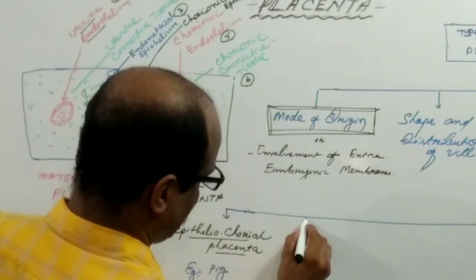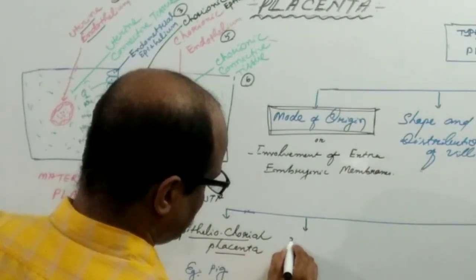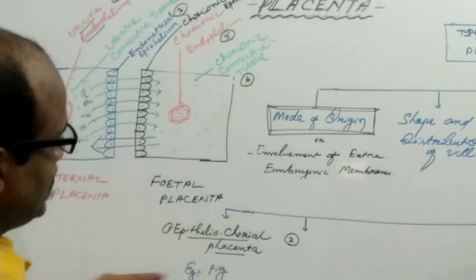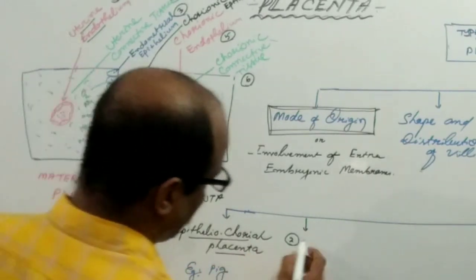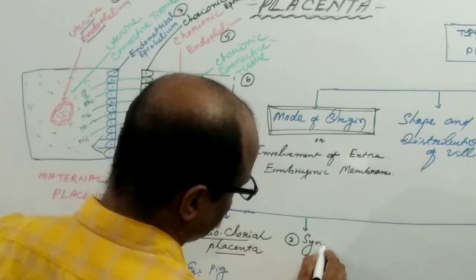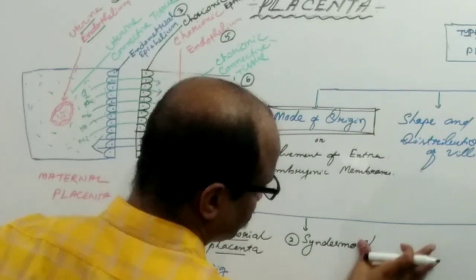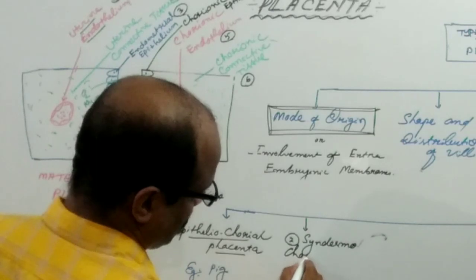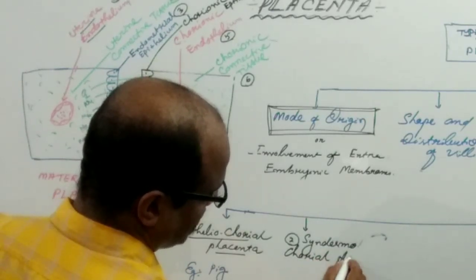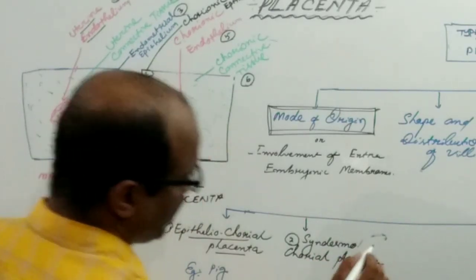Another type of placenta, the second one, is known as the syndesmochorial placenta. So what happens here actually?